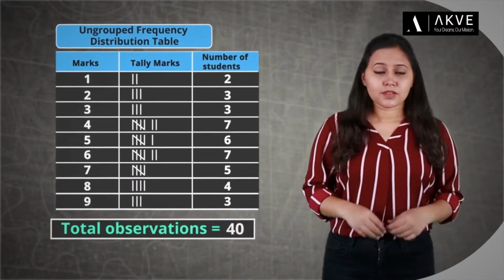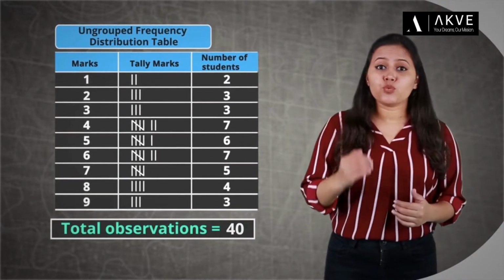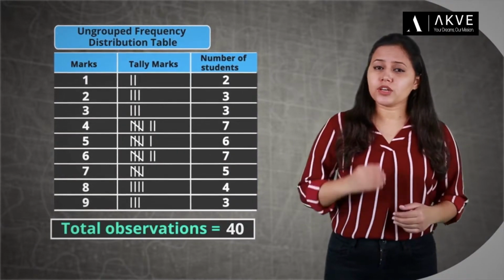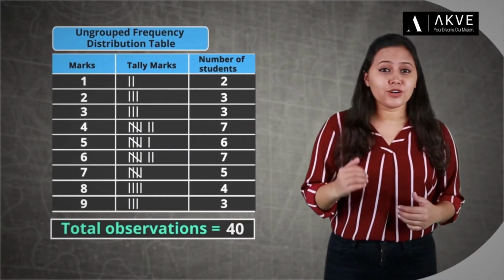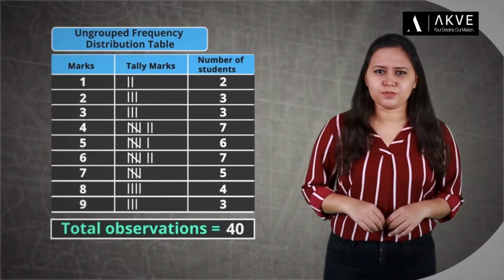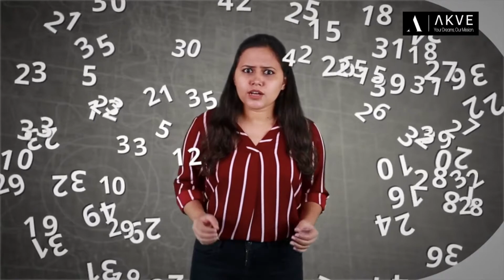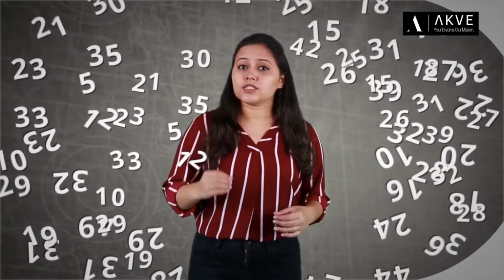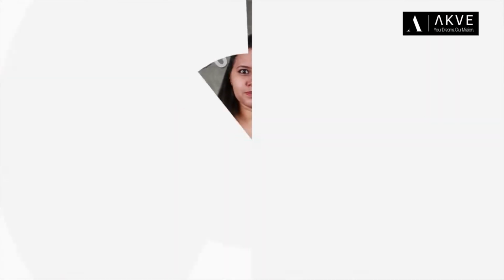Great. But sometimes we may have a large variety of data which wouldn't provide as much information as we just saw even if we tabulate it using the ungrouped frequency distribution table. For instance, consider the marks when we asked a class of 60 students their score in a mathematics test, which was out of 50.